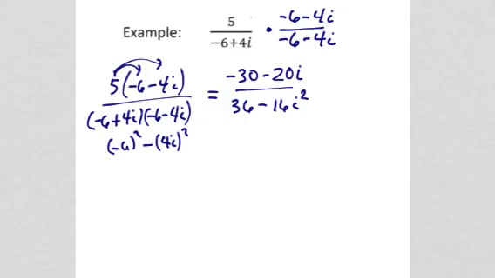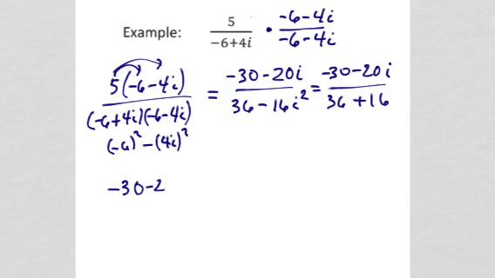If you remember from yesterday, we talked about how i squared is actually equal to negative 1. So this numerator hasn't changed. But the denominator is 36 minus 16 times negative 1. Negative 16 times negative 1 is positive 16. That means I now have negative 30 minus 20i over 36 plus 16, which is 52.